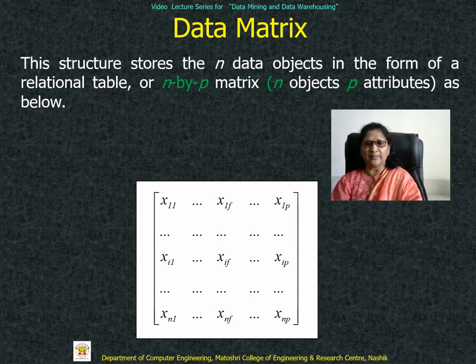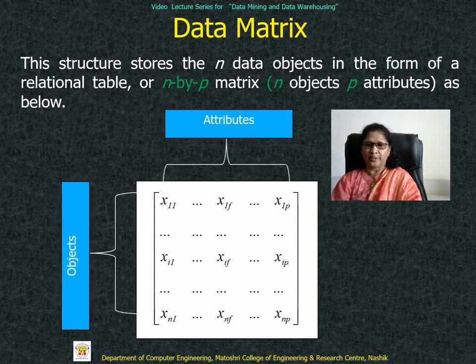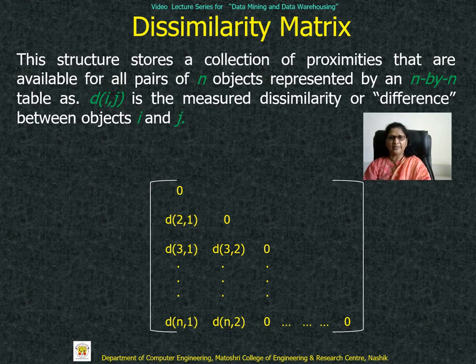Let us look at this matrix, which is named as data matrix. This structure stores n data objects in the form of a relational table, that is n by p matrix, where we have n objects and p attributes. So these are the attributes for the objects, and on the row side we have all objects. In dissimilarity matrix, this is the structure that stores a collection of proximities that are available for all the pairs of n objects, represented by an n by n table.